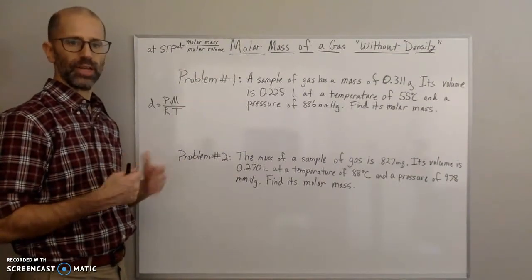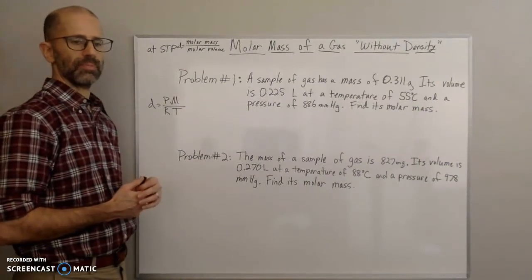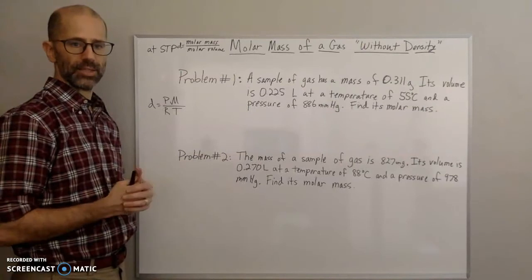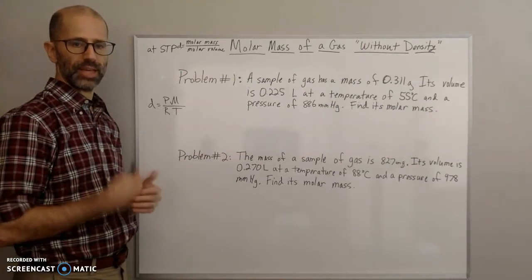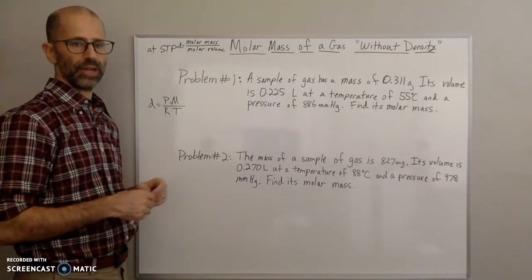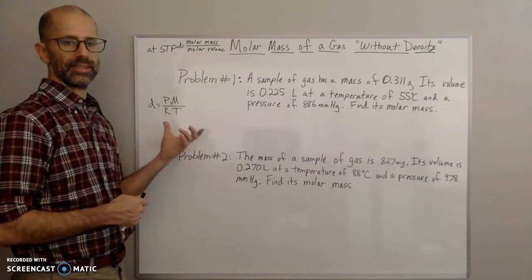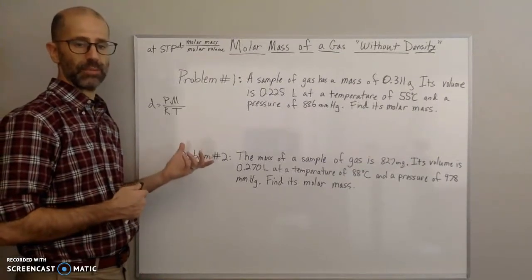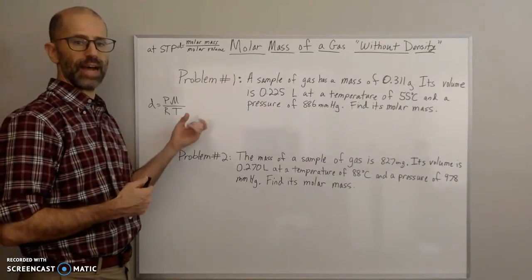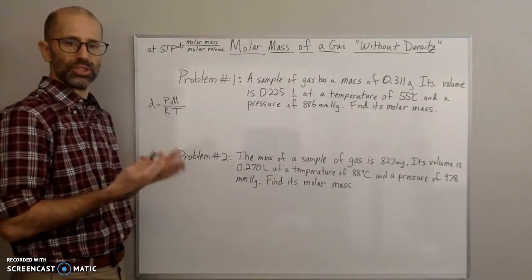You could do it more like a two-step problem where if they gave you the mass of the substance and they gave you volume, you could use the ideal gas law to find the number of moles. And then since they gave you mass, if it's in grams, you would just divide grams by the number of moles, and that would give you grams per mole, which is the molar mass.